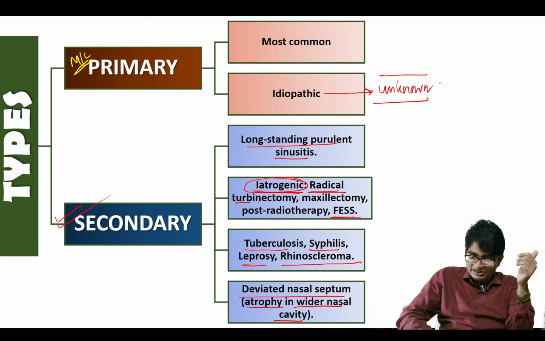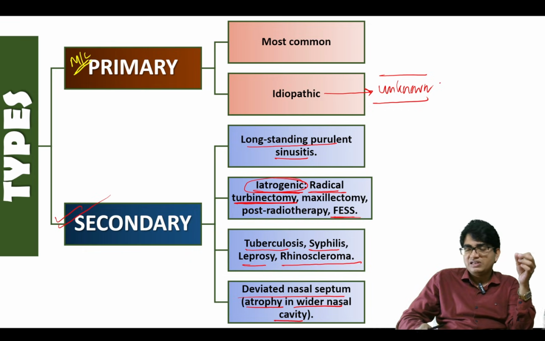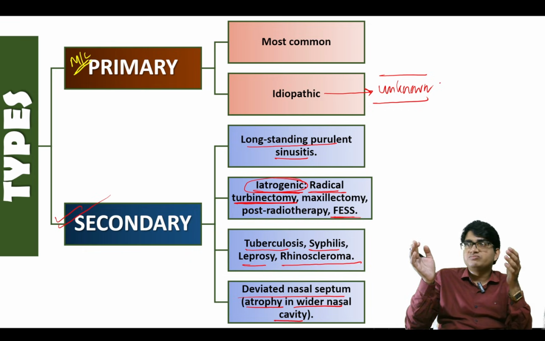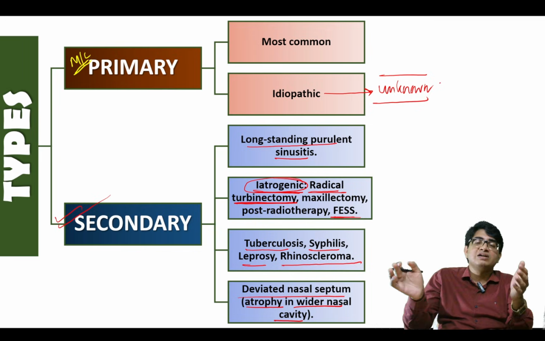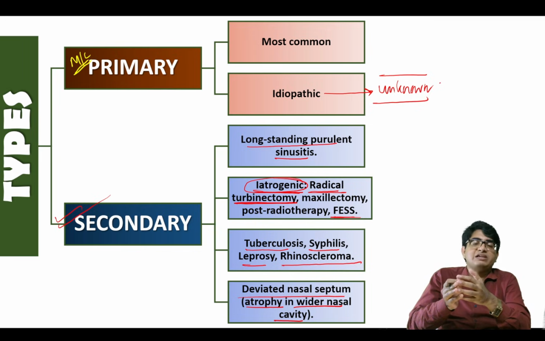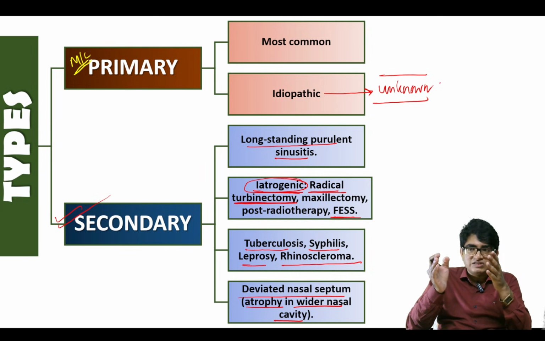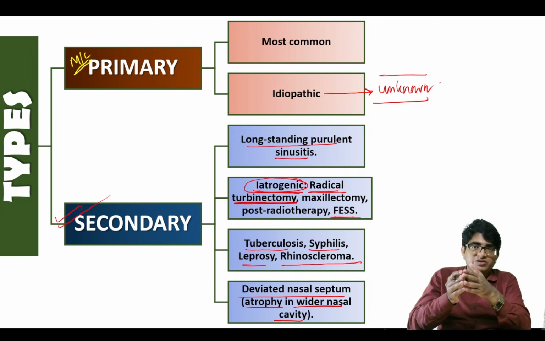Radical turbinectomy mostly leads to atrophic rhinitis, but turbinoplasty and conservative turbinectomy do not, because they only shrink the size of the turbinate to reduce the nasal obstruction for that patient, correct?